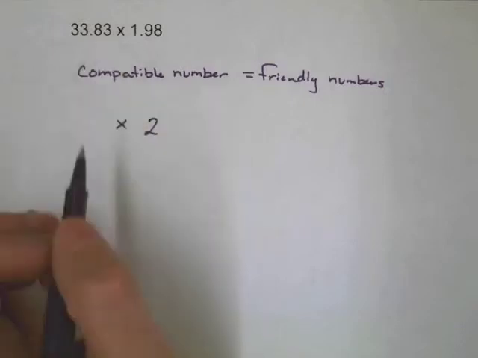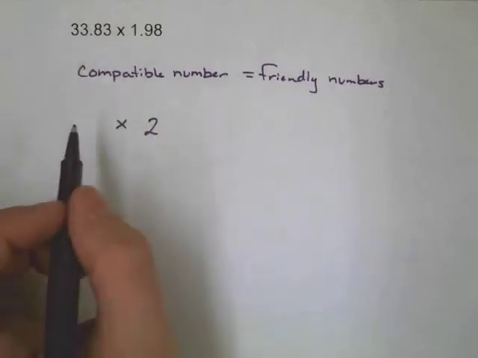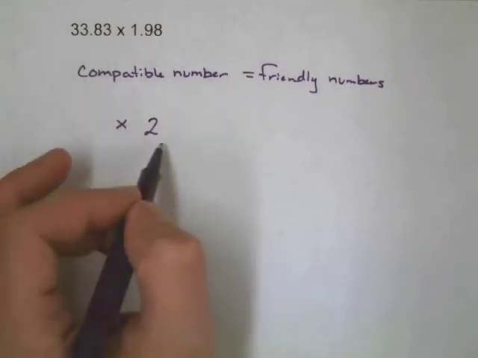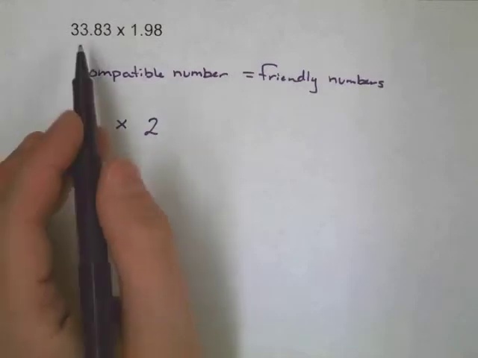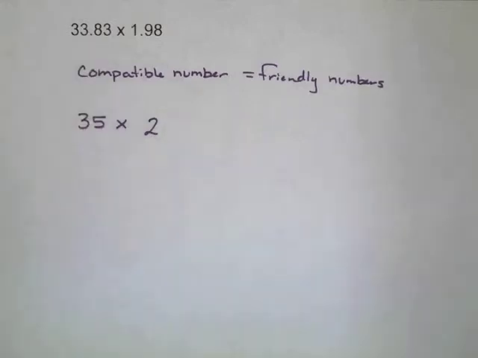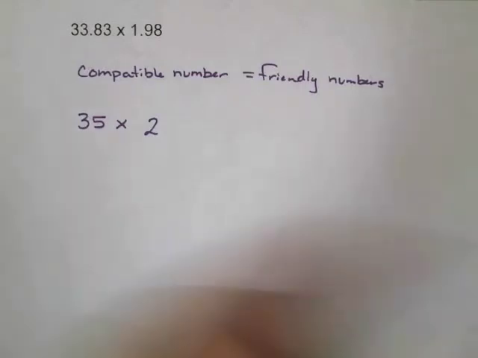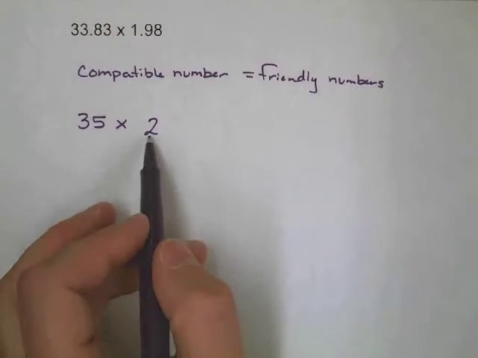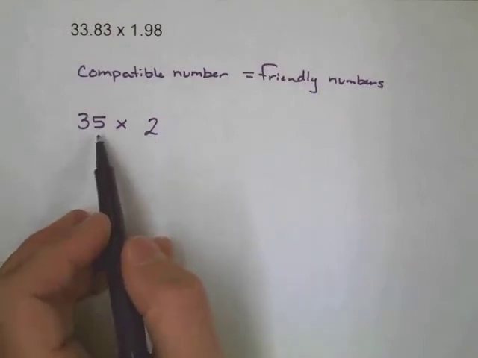33 and 83/100ths. Well, I could think this is very close to 34, but 34 multiplied by 2, I might not know, but 35 is a number that I feel very comfortable with. It's got a 5 over here. If I'm multiplying it by 2, I can think of it as 35 times 2, or 2 35s, 35 plus 35.